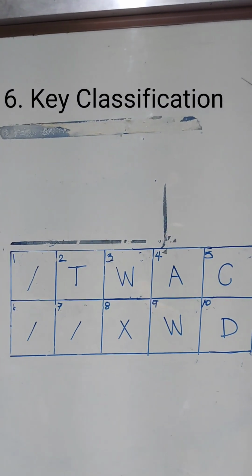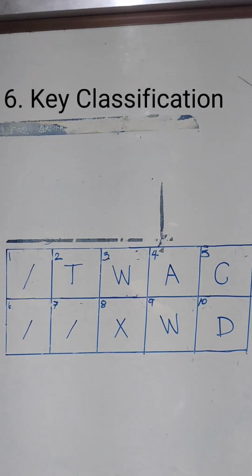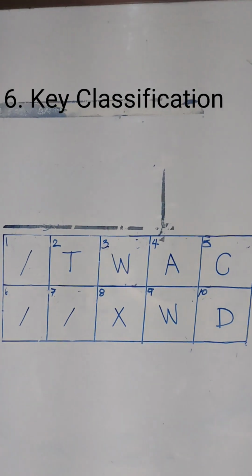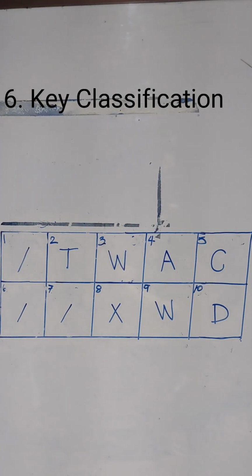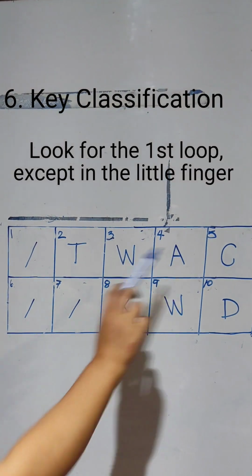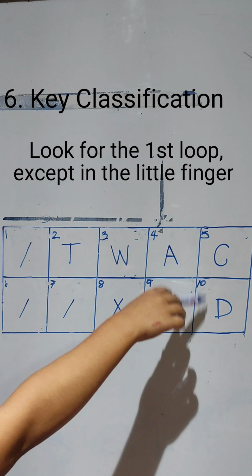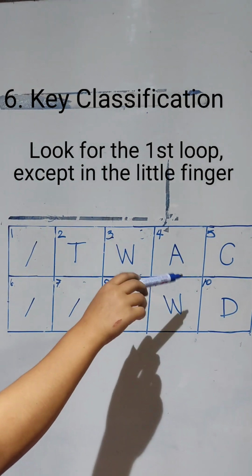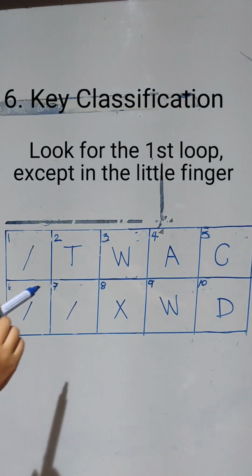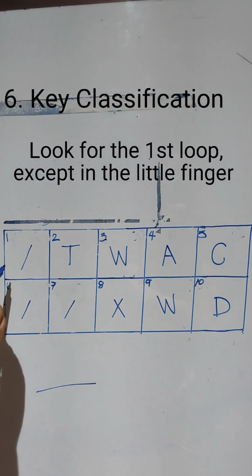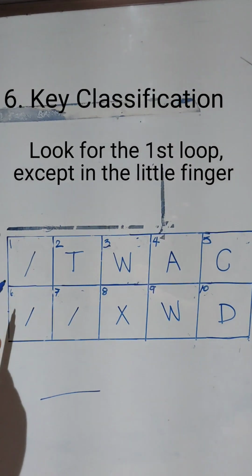Our last classification is the K division or the K classification. In this classification, we're going to look for the first loop in here, except for the little fingers because they were already in the final classification. And what we will get is always represented as the numerator.